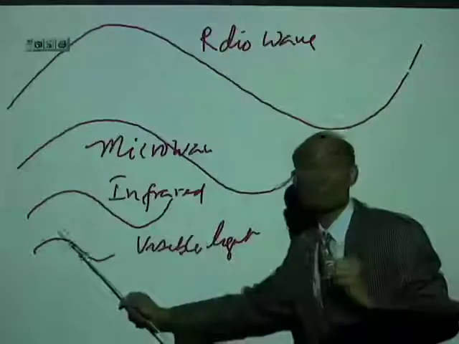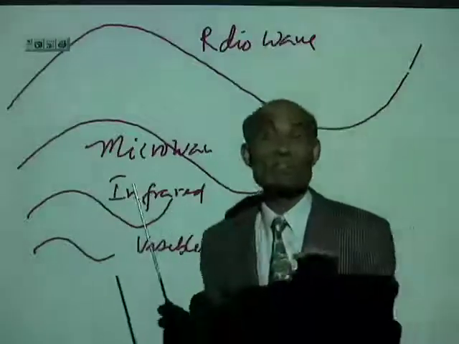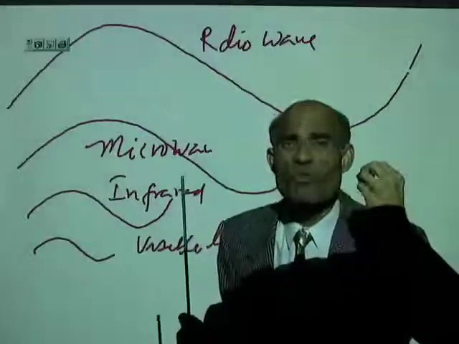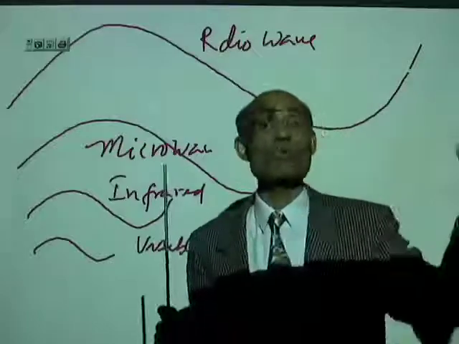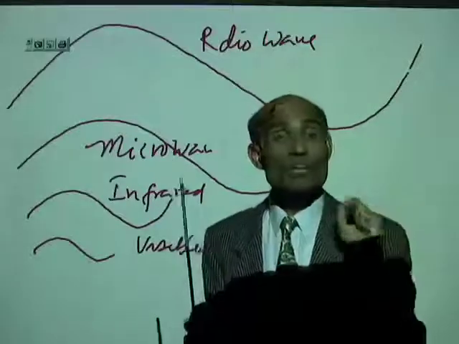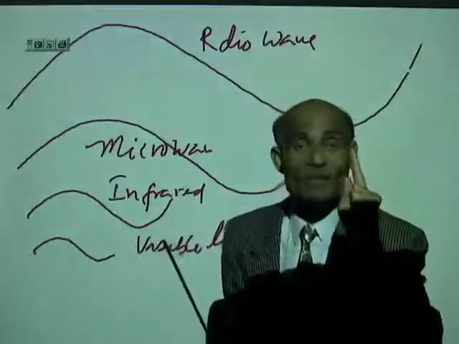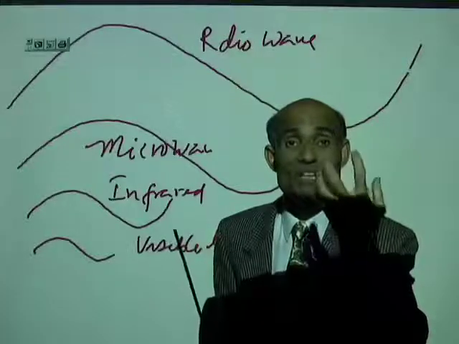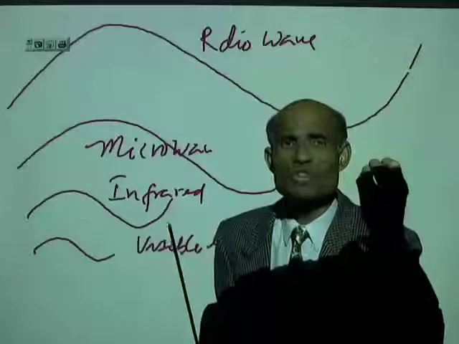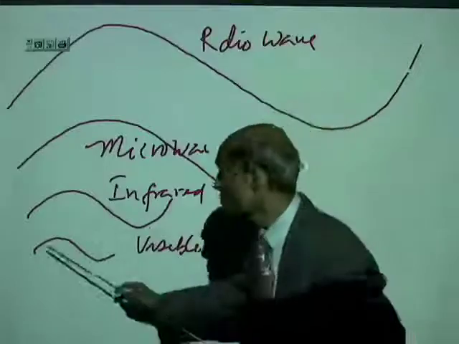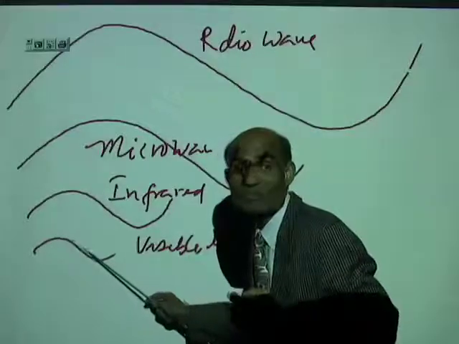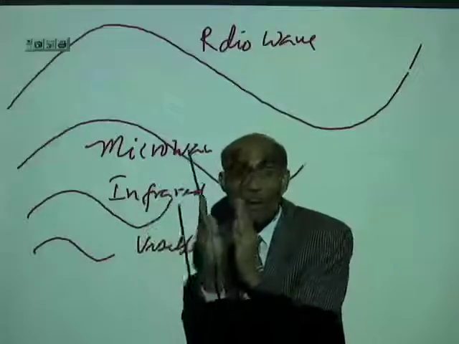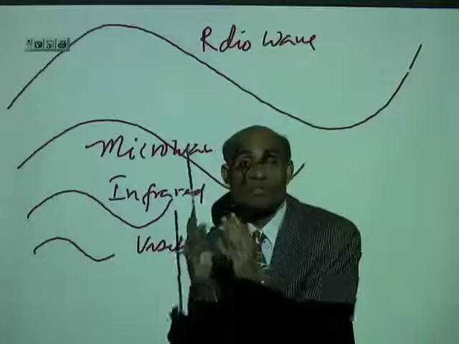In the same way, visible light. Visible light consists of about 4,000 different waves. And you know, each wave is a color. So visible light actually contains about 4,000 different colors. I simply represent it by this wave, but it's a combination of 4,000 different waves.